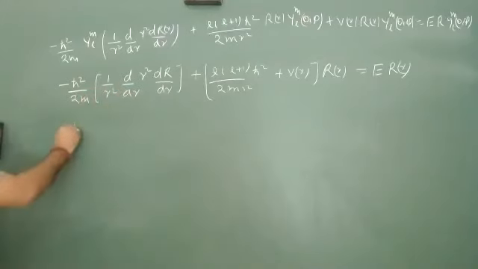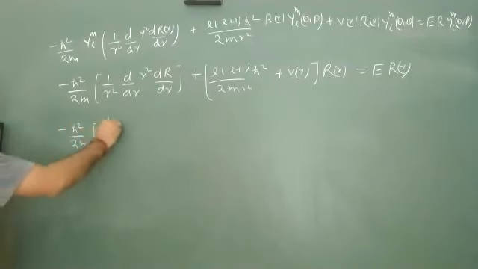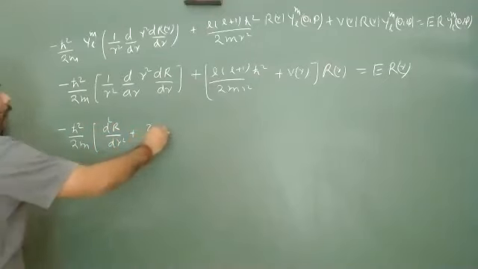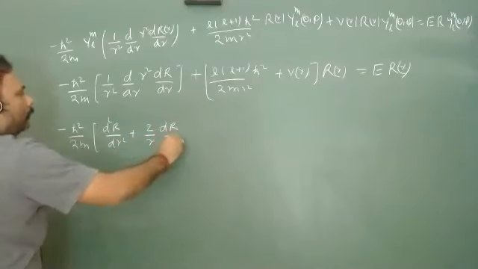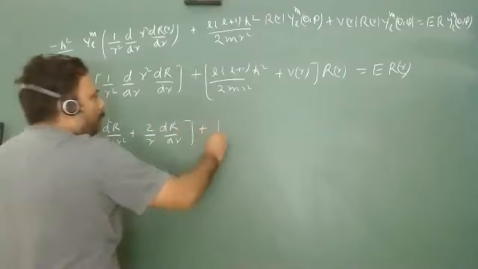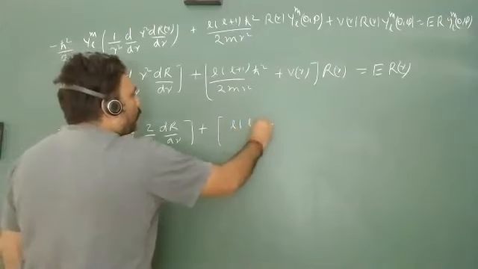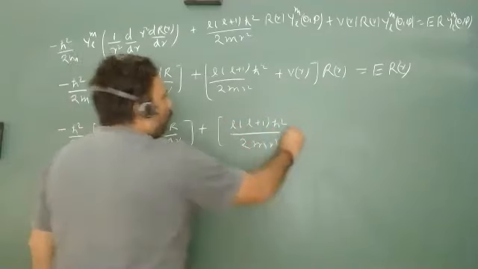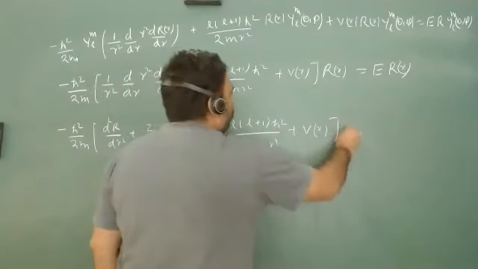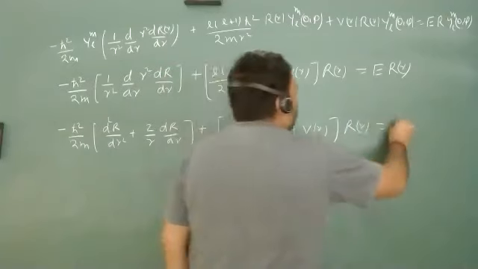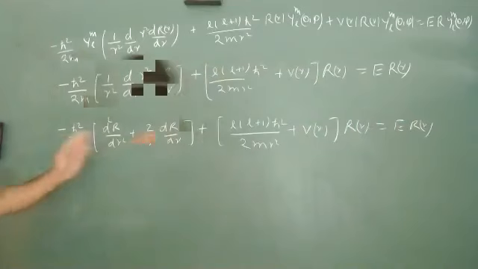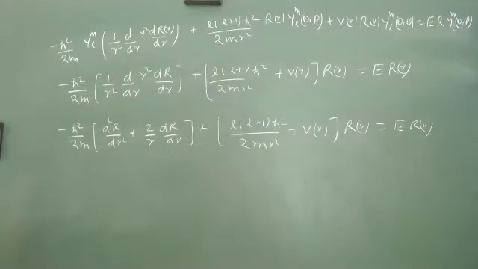So this will be minus h cut square upon 2m, d square R upon dr square plus 2 upon r dR upon dr, plus l(l+1) h cut square upon 2m r square, plus potential energy V(r), acting on R(r), is equal to E R(r). So this is the differential equation we have to solve.